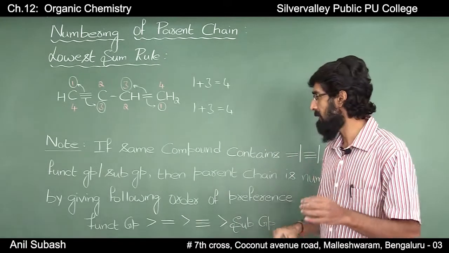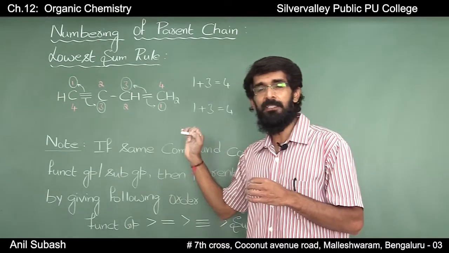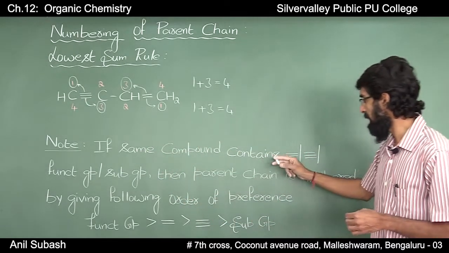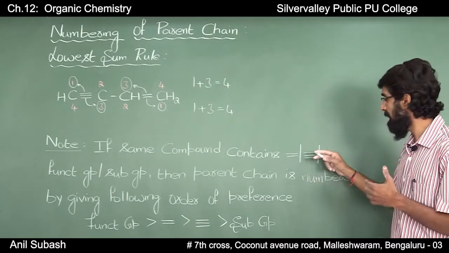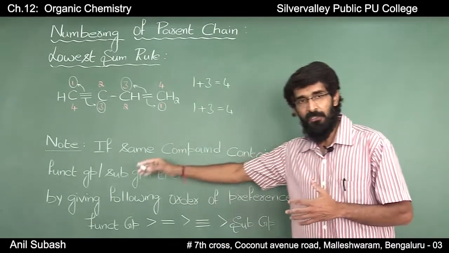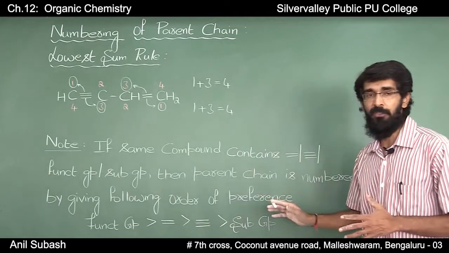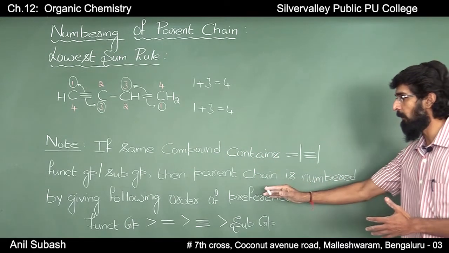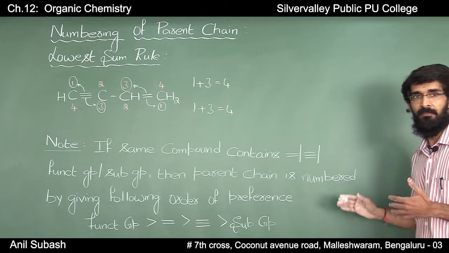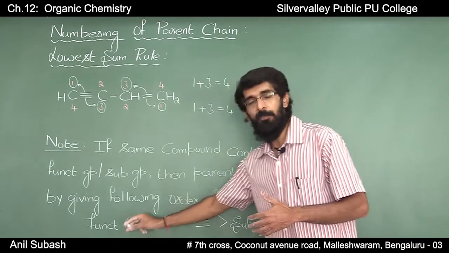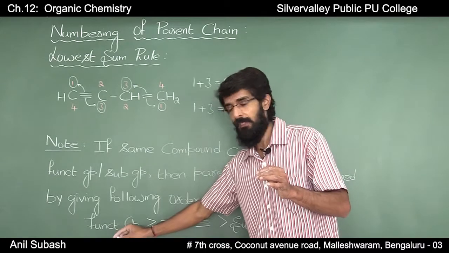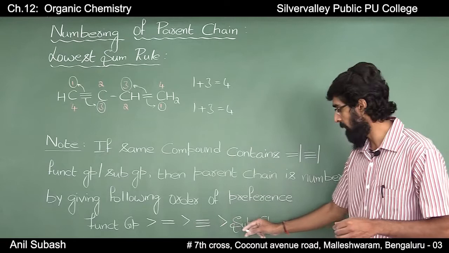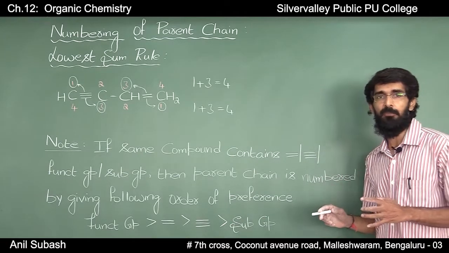In such cases, you are supposed to follow a certain rule which says that if the same compound contains a double bond, triple bond, functional group and substituent groups, then the parent chain is numbered by giving the following order of preference. That is, the functional group is given the first preference, followed by the double bond, followed by the triple bond, followed by the substituent groups.